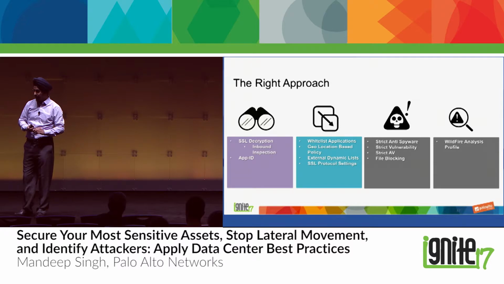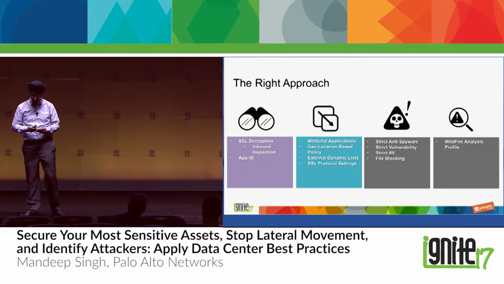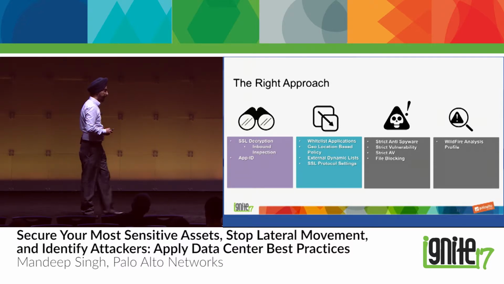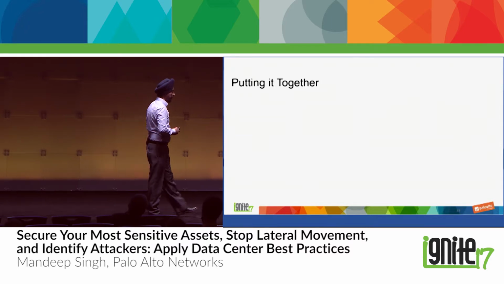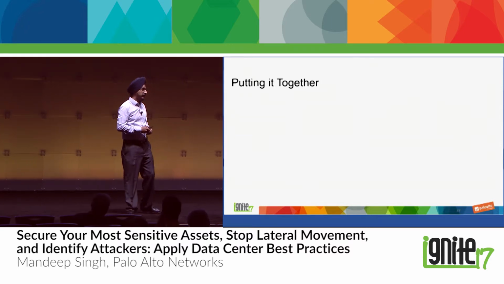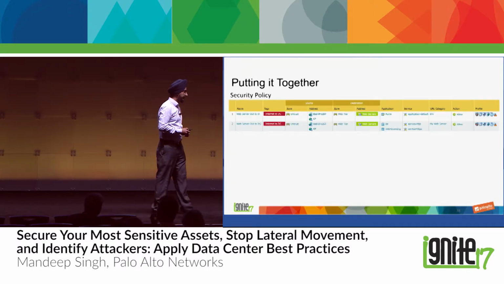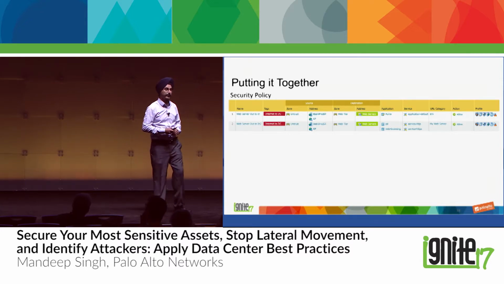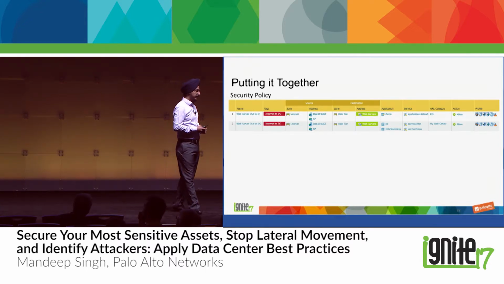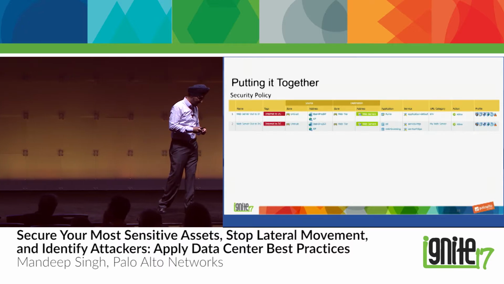That gives you protection against unknown threats. How does this come together when we configure policy? Let's look at that. So this is a security policy which we are writing to protect resources residing in a data center which are being accessed from the internet.